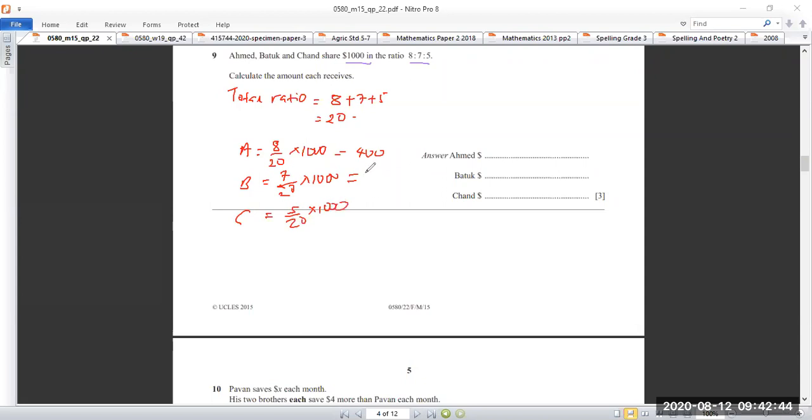This is how much? 250. So Hamed is 400, Batuk is 350, and Chad is 250.